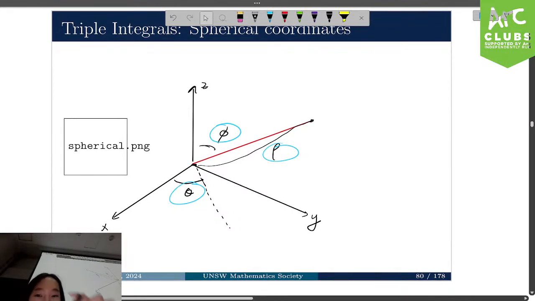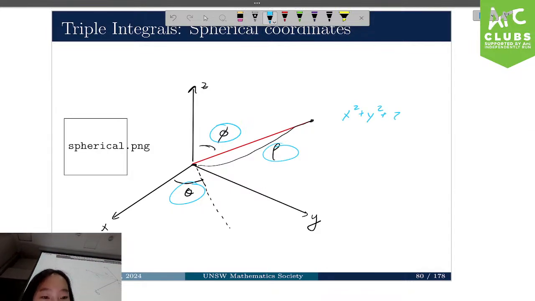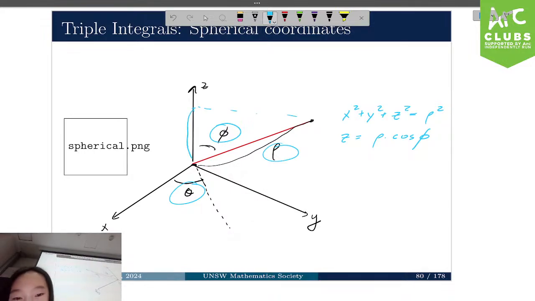Okay. There are a few formulas that we need to know. First one, x squared plus y squared plus z squared equals rho squared. Z equals rho times cosine phi. Think about this one: our z is cosine phi times rho, right?